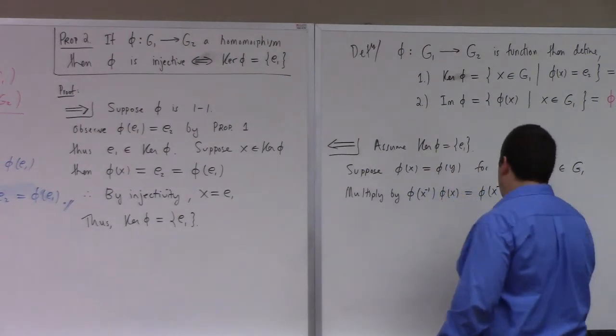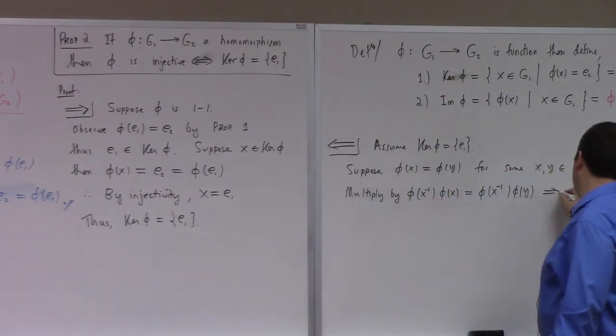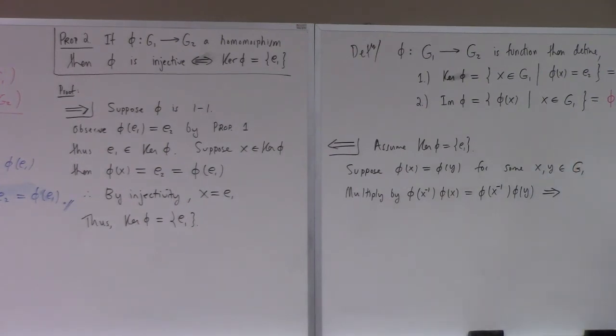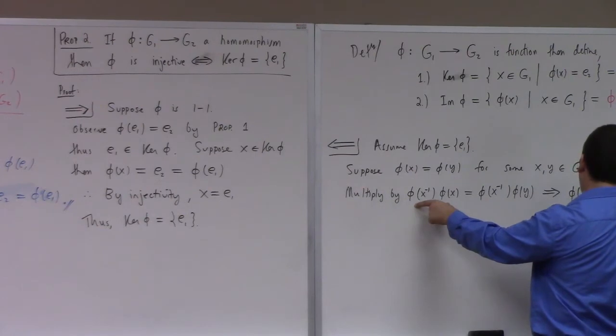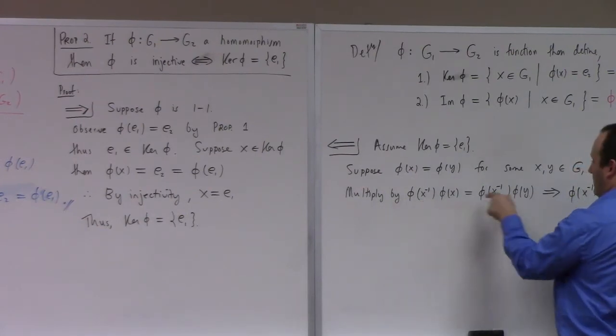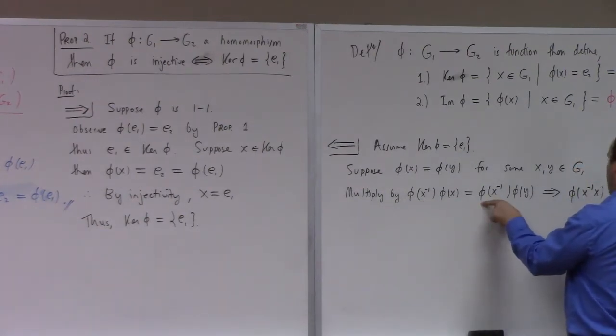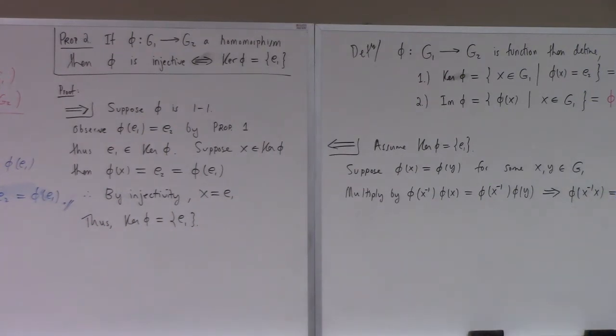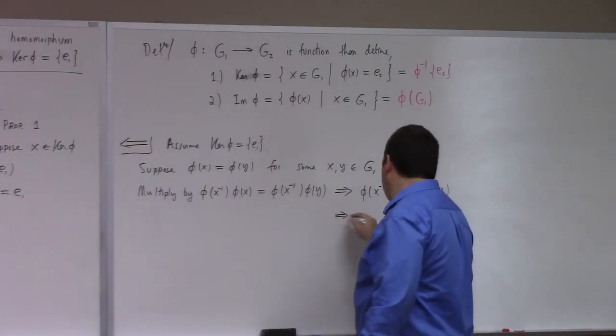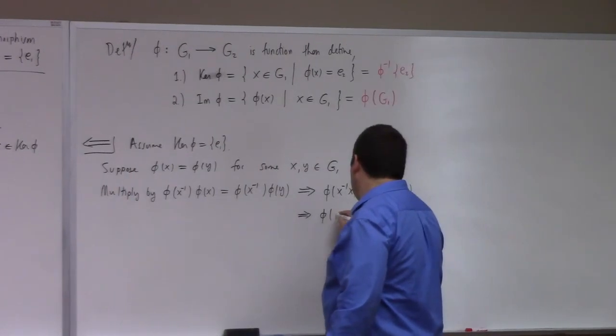What does that tell me? So over here, by the homomorphism property, I have phi of x inverse x. And over here, by the homomorphism property, I have phi of x inverse times y. X inverse times x is what? E1.